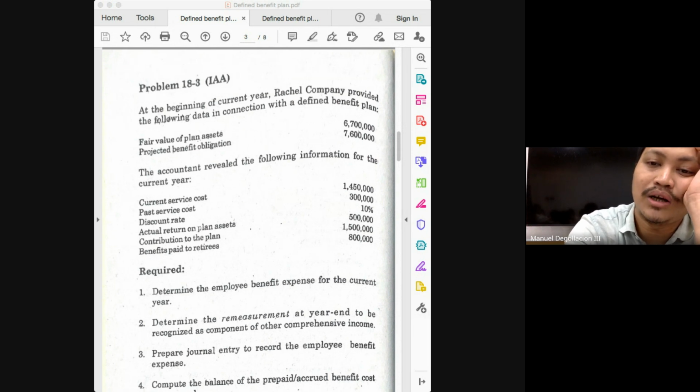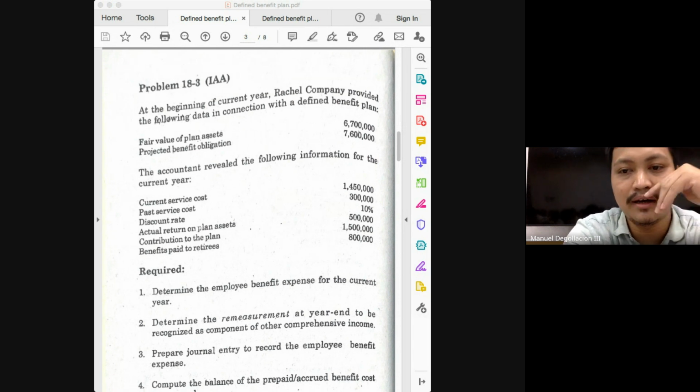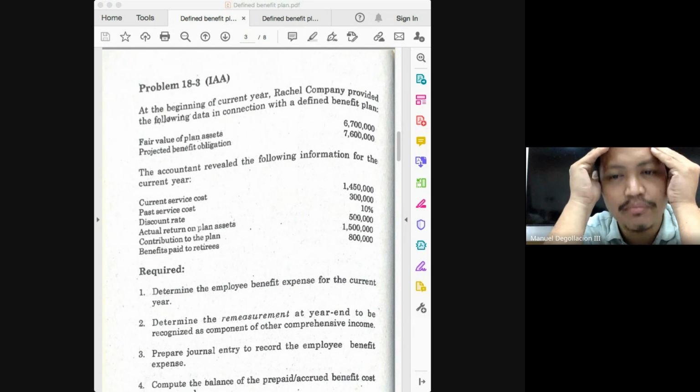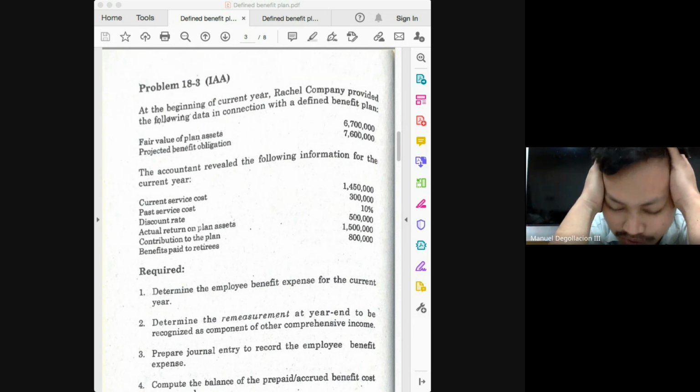What do we have to add? Contributions. How much contributions did we make this year? 1,500,000. And then add also the actual return. How much is the actual return? 500.